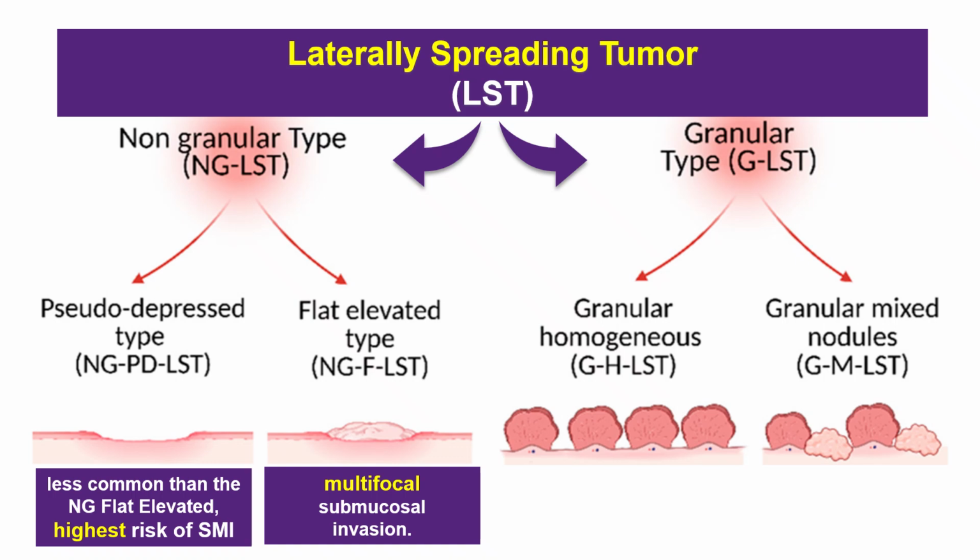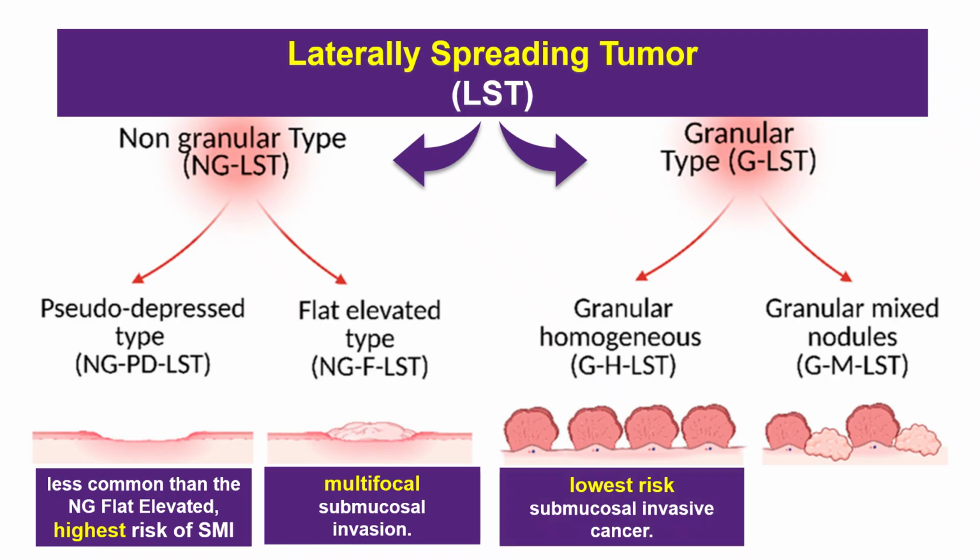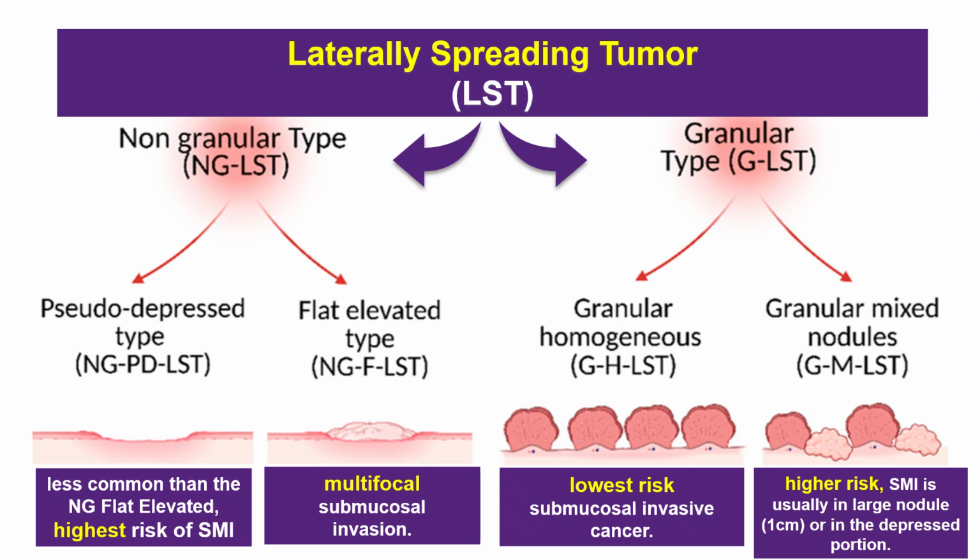The best is the granular homogeneous type, which has the lowest risk for submucosal invasion of cancer. Mixed type has the highest submucosal invasion risk, usually in a large nodule if more than 1 centimeter or in the depressed portion, which is the most risky part for invasion.